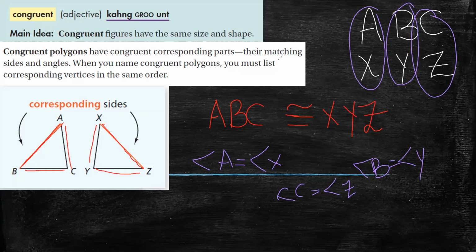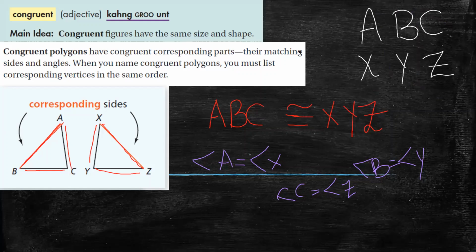Now what about the sides? How can I write the corresponding sides? Let's see how. If I ask you, as an example, what is the side that corresponds to AB?